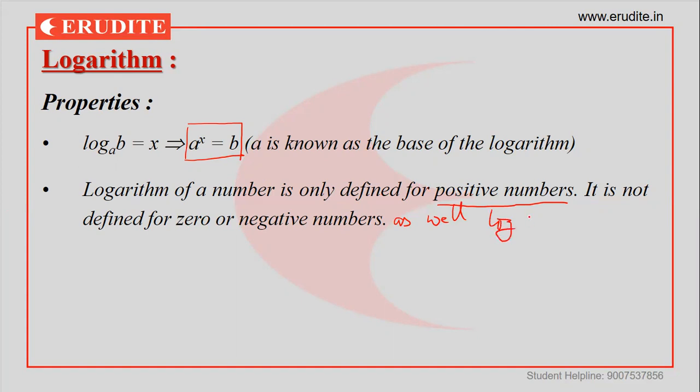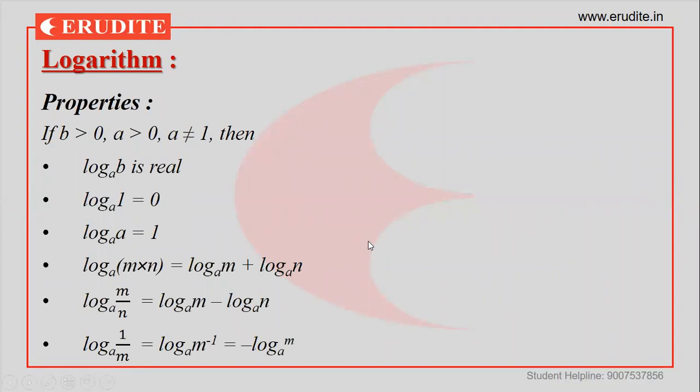Log of 1 is defined, which is equal to 0. This is the added part. Now we are extending the property, and to extend the property, let b be greater than 0, a greater than 0, a not equal to 1.